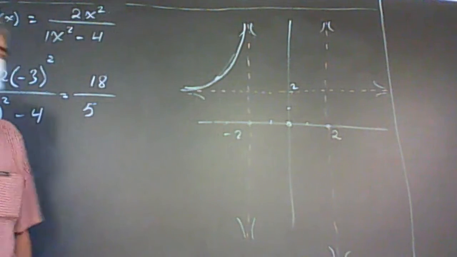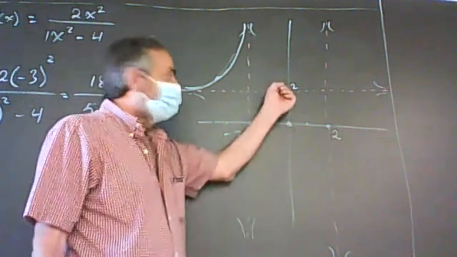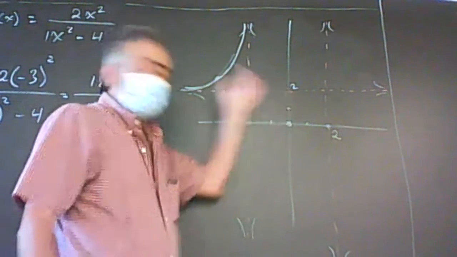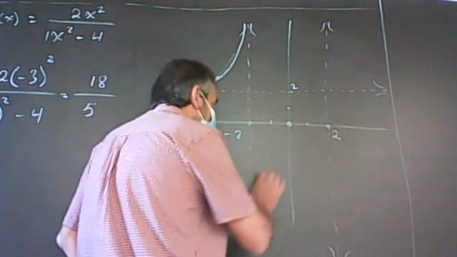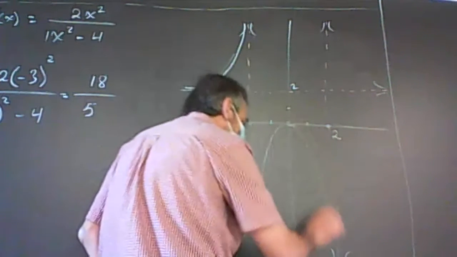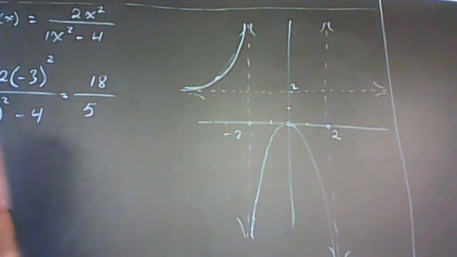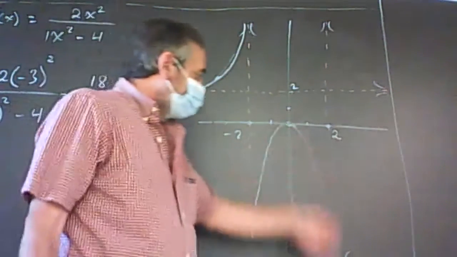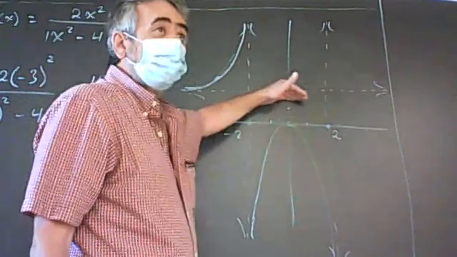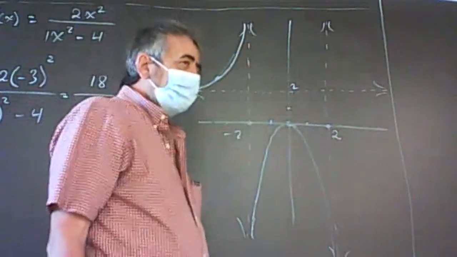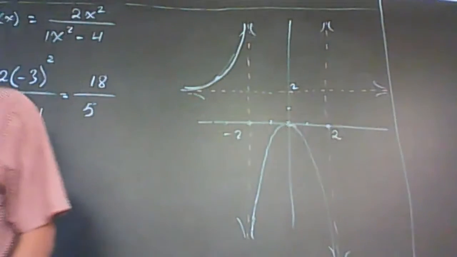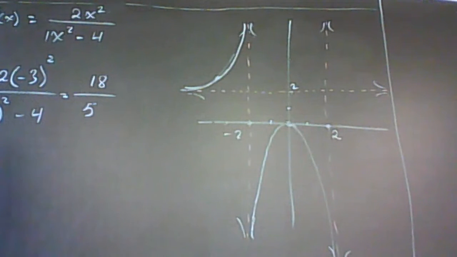We already said the graph is not going to cross this. So the graph is going to go up, come to the 0, and go down. Or maybe come somewhere along the 0. We can figure out how high it's going to go up there.